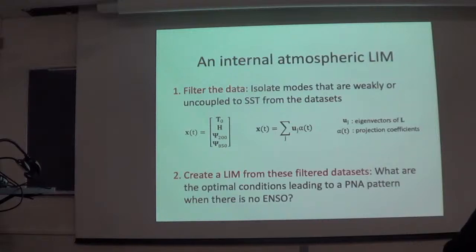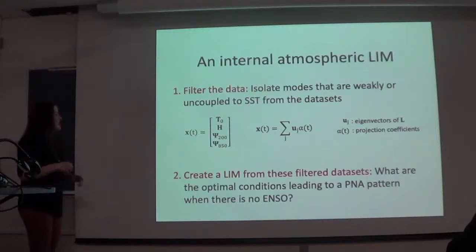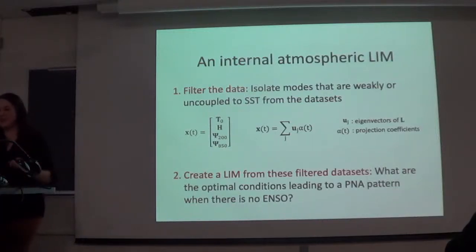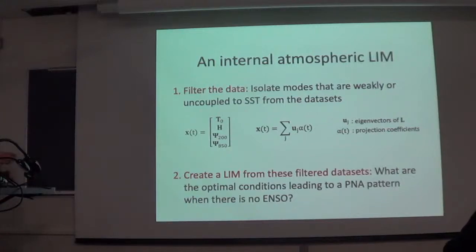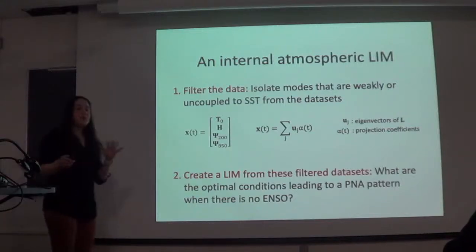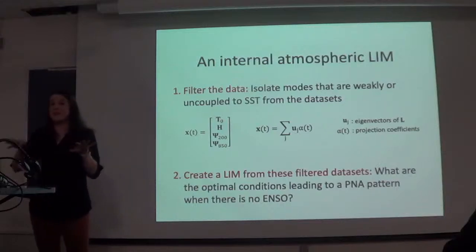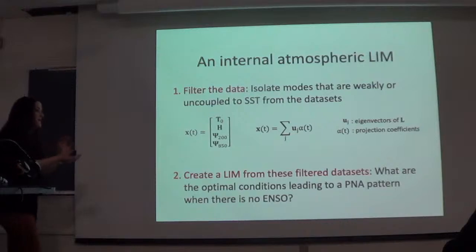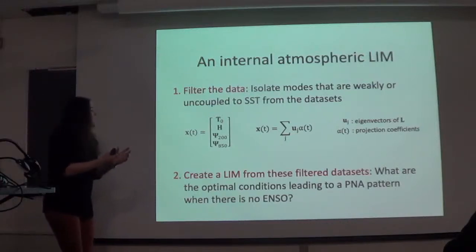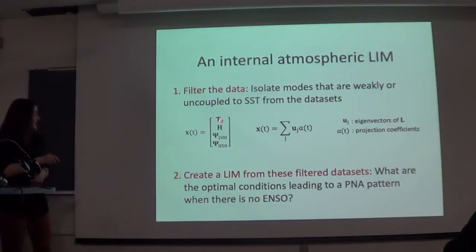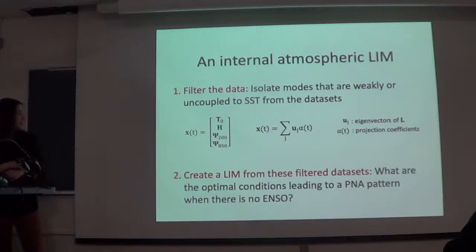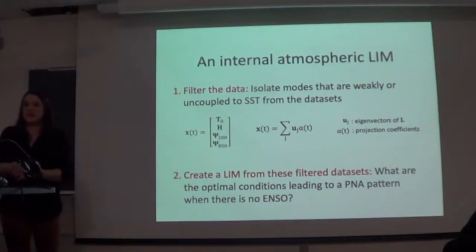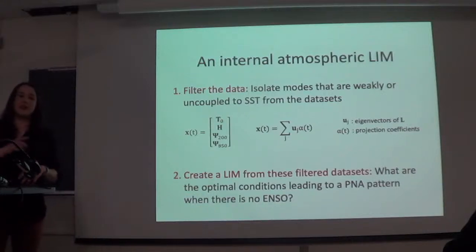Okay, so in this, one of the really cool things that we can also do, I keep saying this, I feel like I'm selling one, is in the same way that we filtered the optimal initial conditions in order to understand the role of these different dynamics, we can filter X using the modes of the system, using the same equation, so we can create a whole new limb that does not include ENSO.